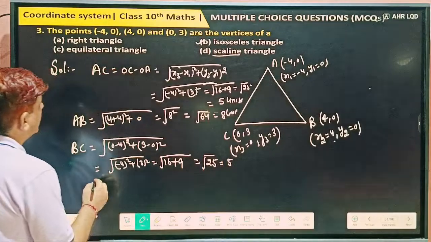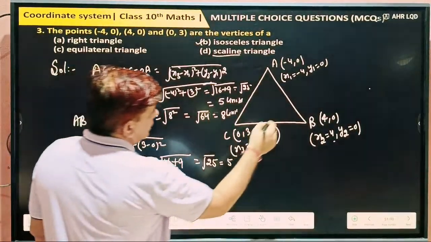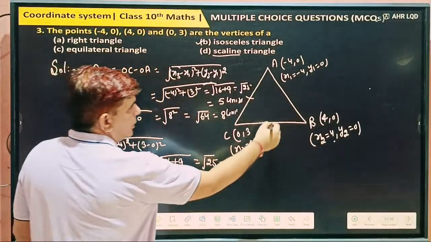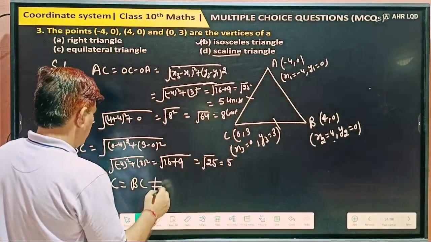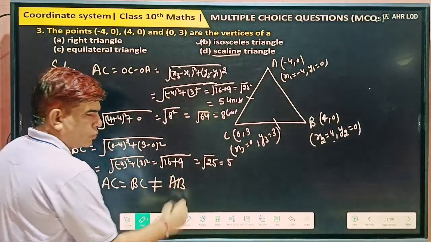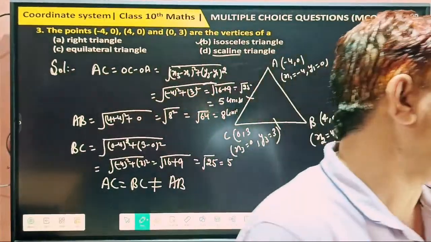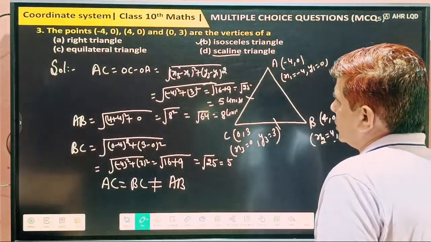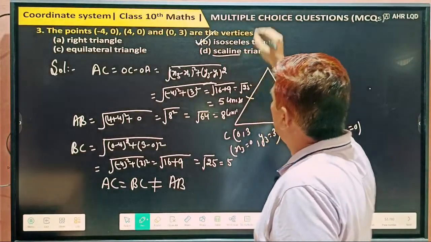So here what can we say? AC equals BC but not equal to AB. So two sides of a triangle are equal. So what type of triangle? Isosceles triangle. So that's why its answer is this.